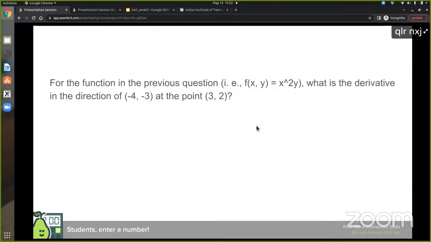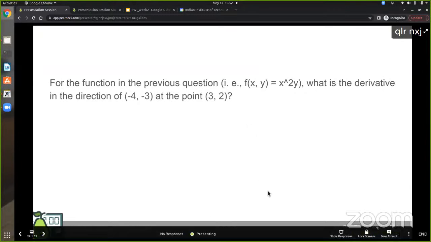Okay, next question. Find the derivative in the direction of -4, -3. I want to highlight one more point. That's why I want you to solve another similar question.